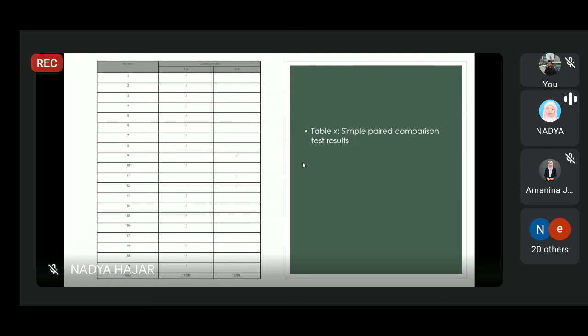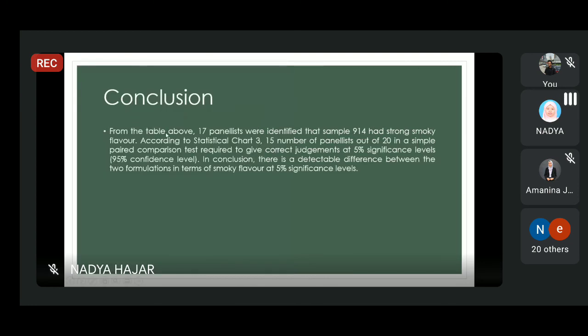Okay, so daripada test results ni, daripada record table ni, sampel 914 dikatakan lagi smoky berbanding sampel 579. Okay, tapi kita nak tengok sama ada there are significant difference between those samples. Okay, from the table above, 17 panelists were identified that the sample 914 had strong smoky flavour.